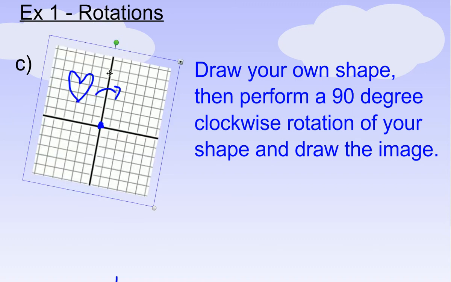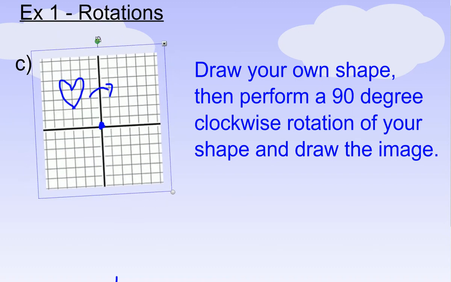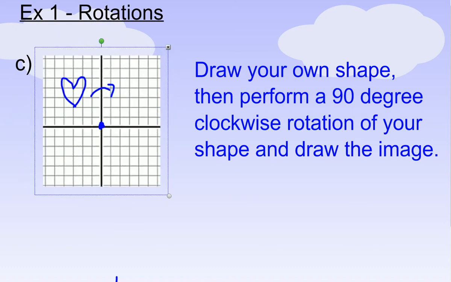Okay. Oopsie, too far. So it's going to start here. Something like that. I think the top side's a little bit too wide. All right, something like that. That would be a 90 degree rotation clockwise.